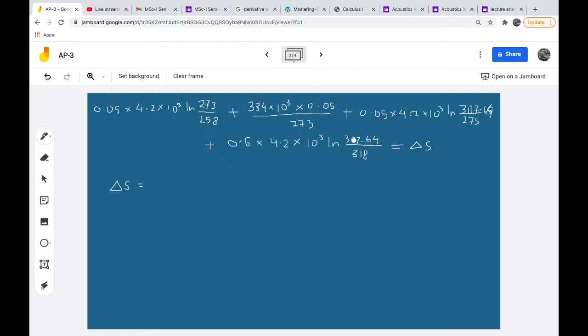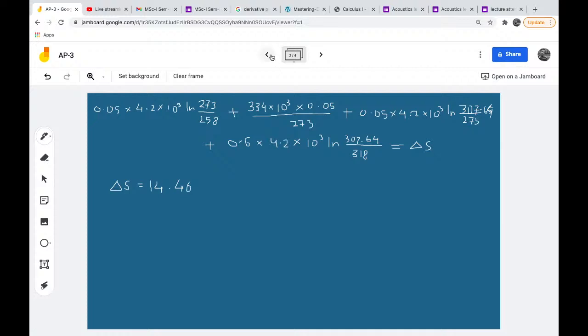Remember, the numerator is smaller than the denominator, so taking the natural log gives a negative number, so it is subtracted. If you put all these things into perspective, the answer you get is 14.46 with whatever SI units. So that is the total change in the entropy.